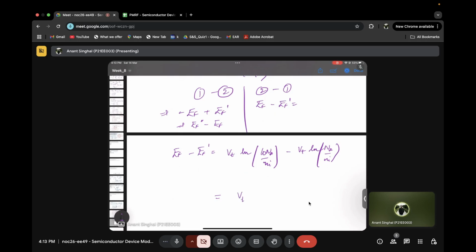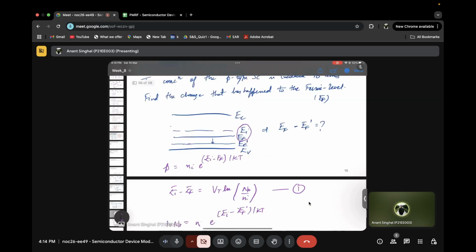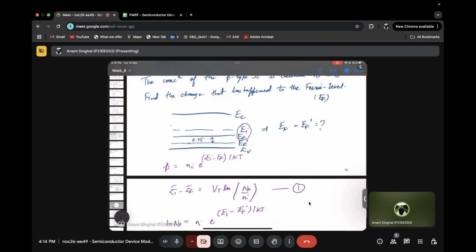Yeah, so it will be VT ln 10 Na divided by Na. That means it will be 0.026 ln 10, and that is actually 0.026 times 2.303, and it will come around 0.05 if I'm not wrong. 0.059 you said, I think, right? Is it 0.059? Okay. So your Fermi level has actually gone down. So this difference is now 0.059 electron volts. Is this clear?